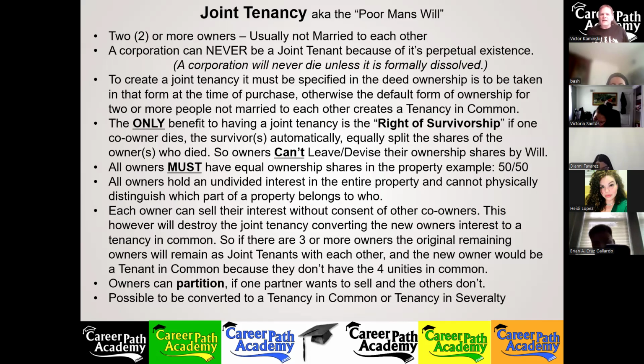A corporation can never be a joint tenant because of its perpetual existence. Corporations will never die unless they're formally dissolved. To create a joint tenancy, it must be specified in the deed that you wish to take ownership in this form at the time you purchase the property. Otherwise, the default form of ownership with two or more people not married to each other creates a tenancy in common.